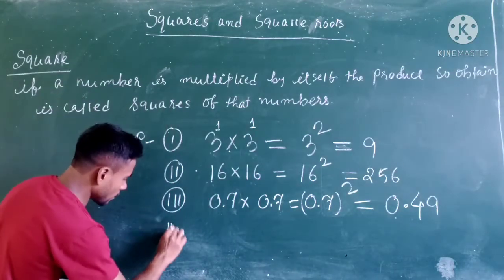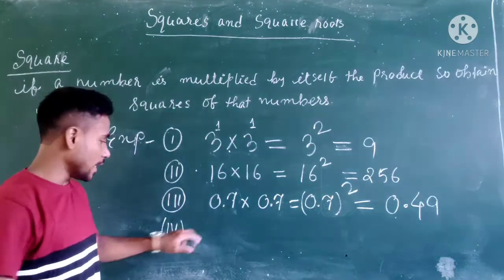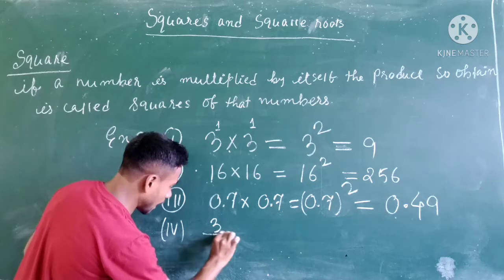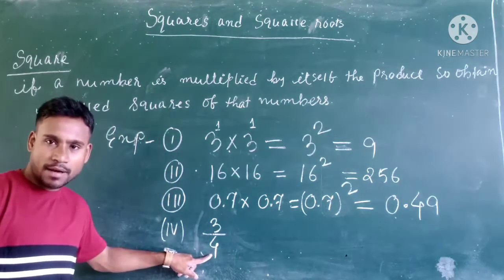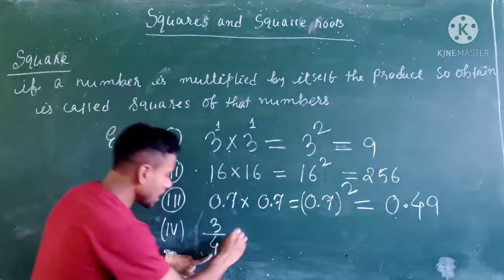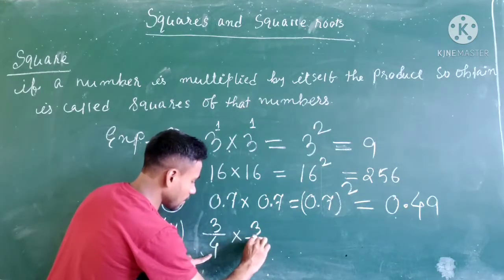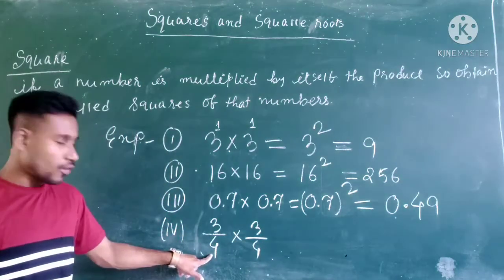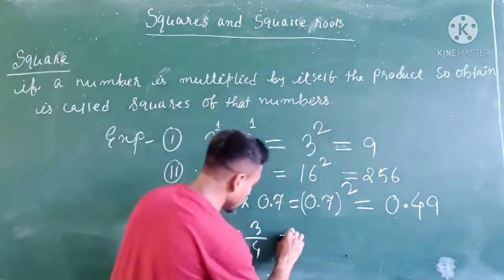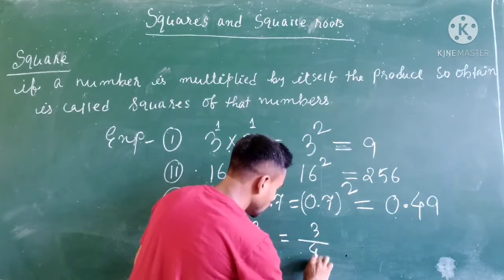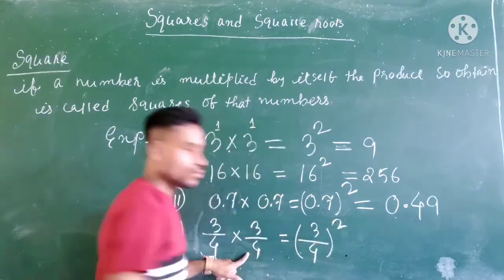Now let's take one more example. If I write 3 by 4, which is a rational number, and again write the same number, 3 by 4. Now 3 by 4 into 3 by 4, I can write as 3 by 4 whole square.